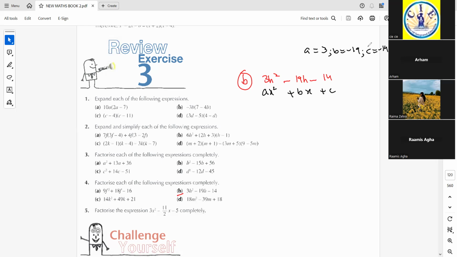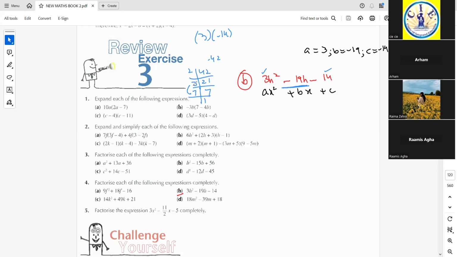Okay, once we are done with this, now I need to have this A and this C. So 3 times negative 14, negative 42. Now we would be having the prime factorization of this 42 so that when you add or subtract these factors, you get negative 19. Okay, let's do it. 2 21s are 42, 3 14s are 42, 6 7s are 42.